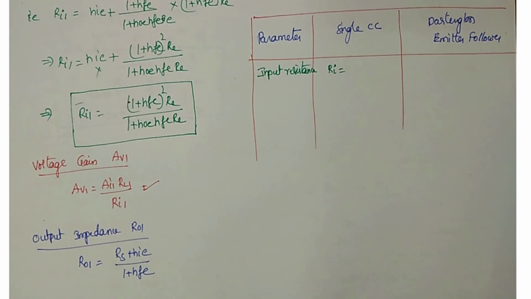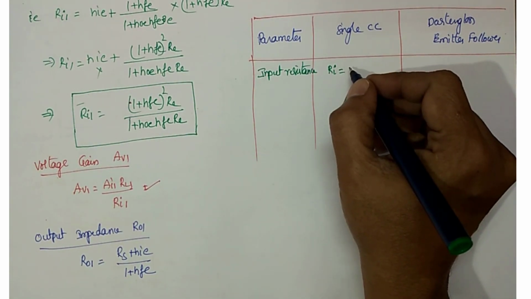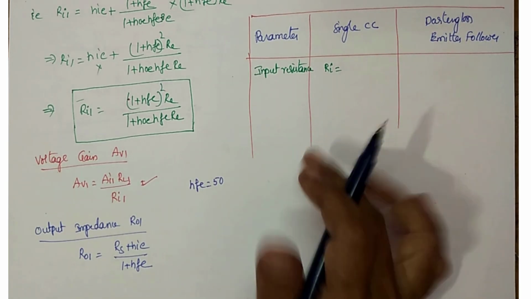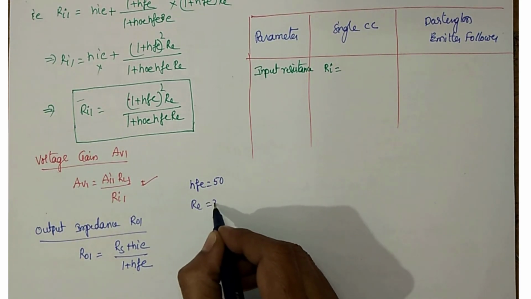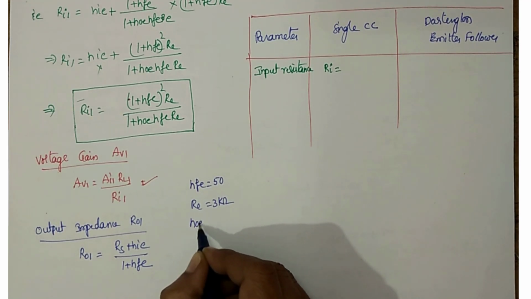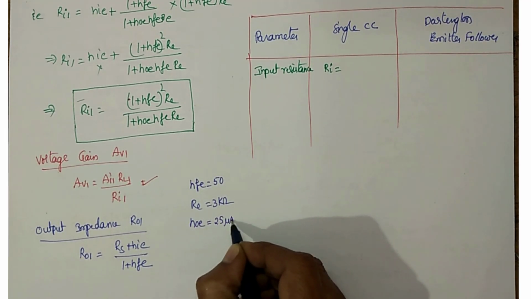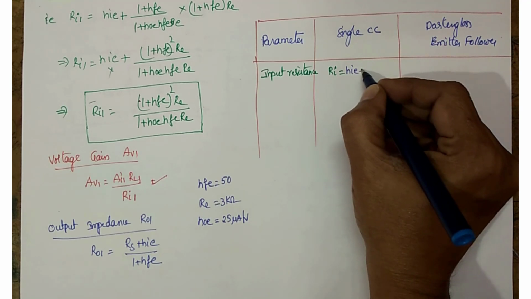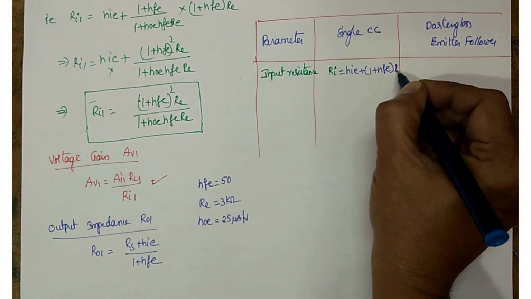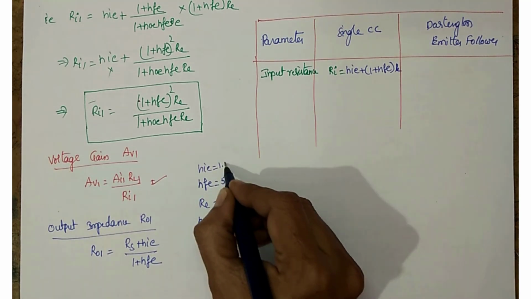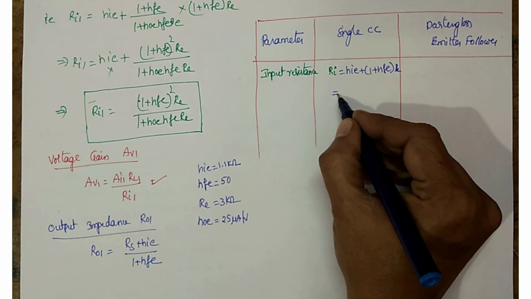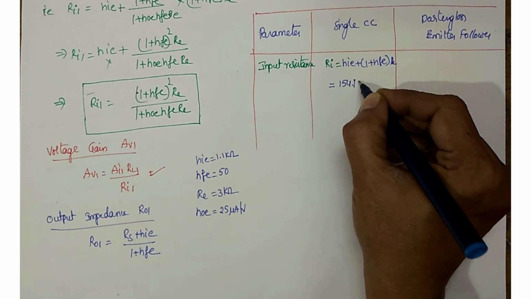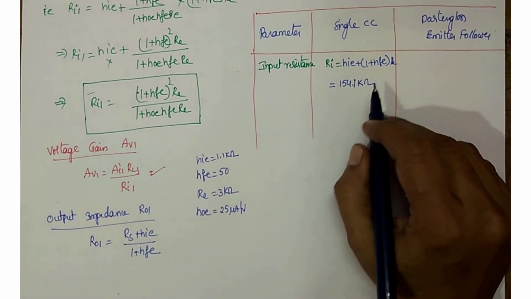From the previous table, to calculate these table values, take HFE equal to 50, RE 3 kilo ohm, and we need HOE also, 25 microampere per volt. For single CC, Ri is HIE plus (1 plus HFE) into RE. You can take HIE as 1.1 kilo ohm. So totally it is 154.1 kilo ohm. Single CC also is high.